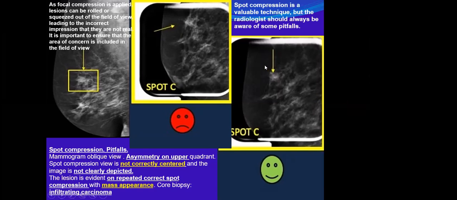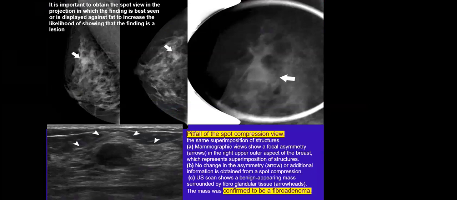If they did not repeat it here and do it correctly, the mass might not appear, and here it might also slip away or roll away. Even while they are doing the compression, if they compress it against the area of fat and roll it toward the area of fat to make it clearer, it will be more helpful.